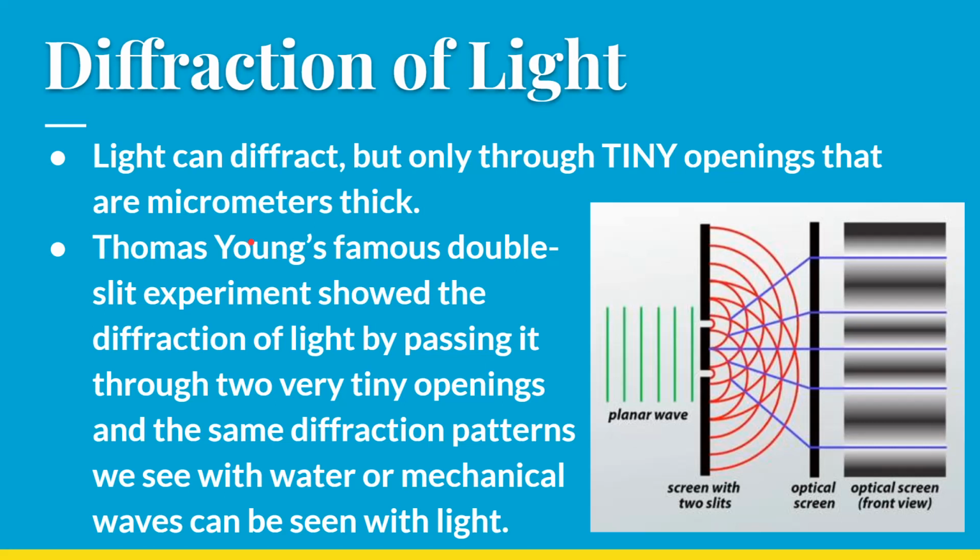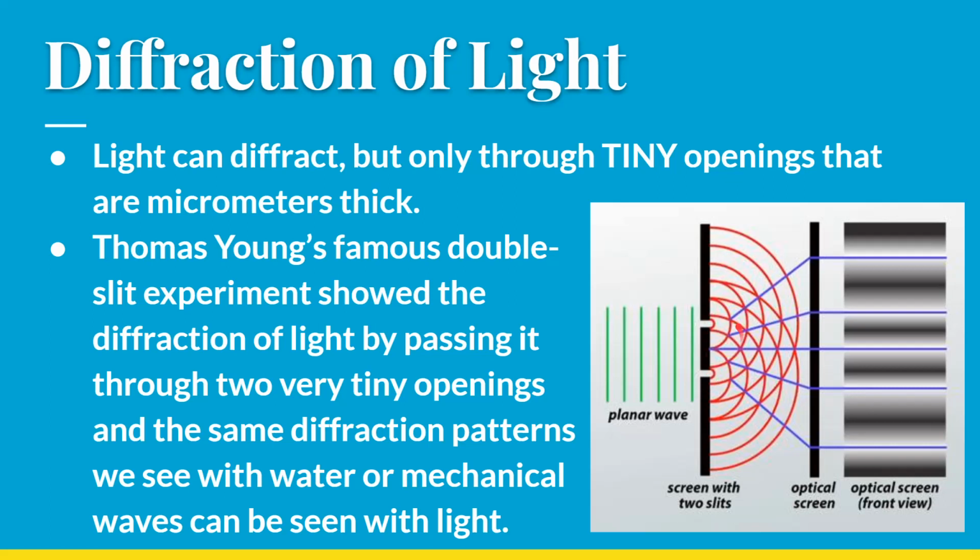Diffraction. Light can diffract, I mentioned that earlier, but only if you have tiny openings that are micrometers thick. Maybe you've heard of Thomas Young's double slit experiment. If not, this is showing what he observed with that. Basically, he took light and shined it at a piece of foil that had two very tiny slits in it, just like this has two very tiny openings.